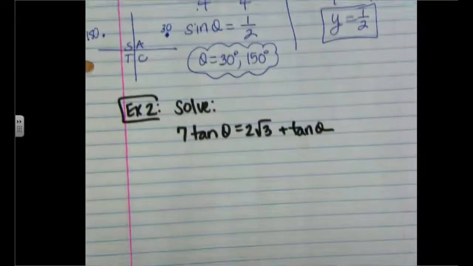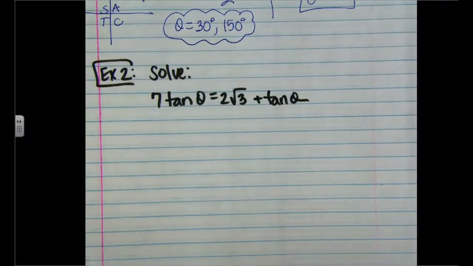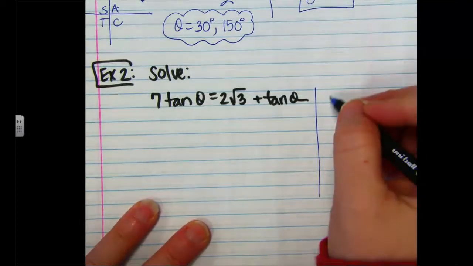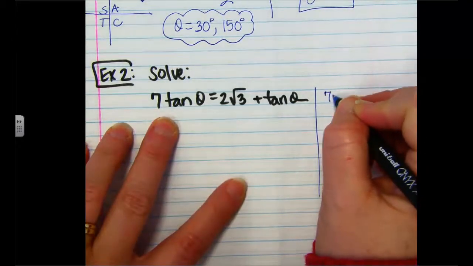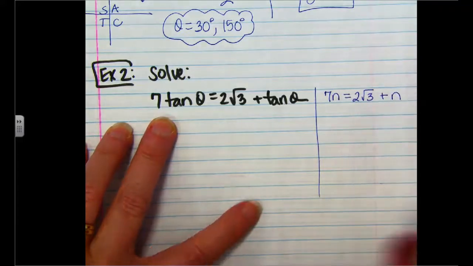Okay, let's do another. We have 7 tan theta equals 2 root 3 plus tan theta to solve. If you need to, you can write some other equation next to that without the tan, like 7n equals 2 root 3 plus n, to remind yourself how to solve that kind of an equation.